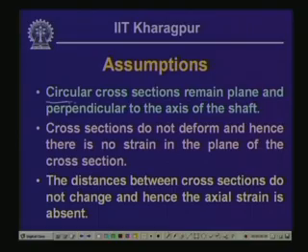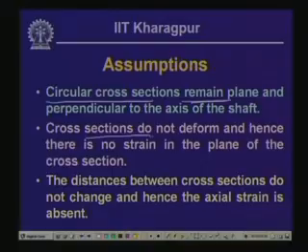There is no change in the circular cross sections, they remain as they were before the application of the twisting moment, and thereby since there is no change in the cross section, there is no deformation, hence there is no strain developed in the cross section. So, cross sections do not deform and hence there is no strain in the plane of the cross section.